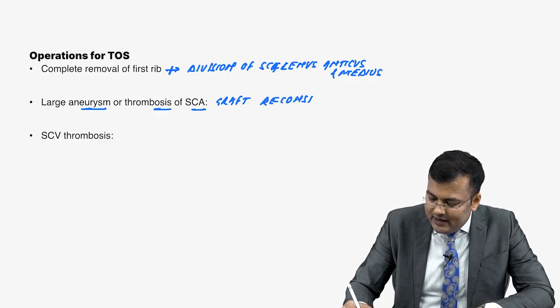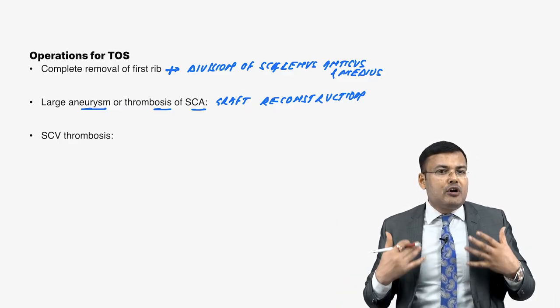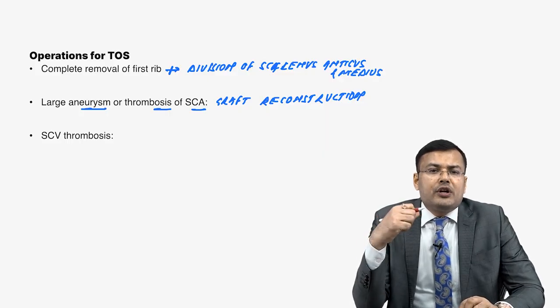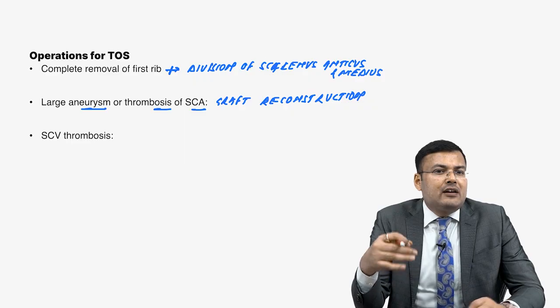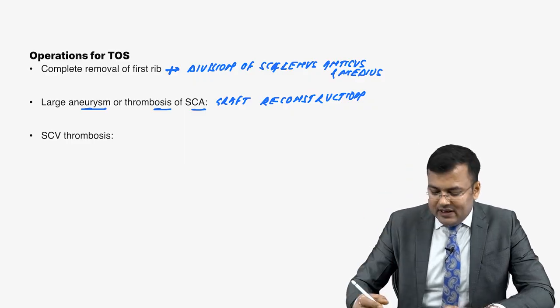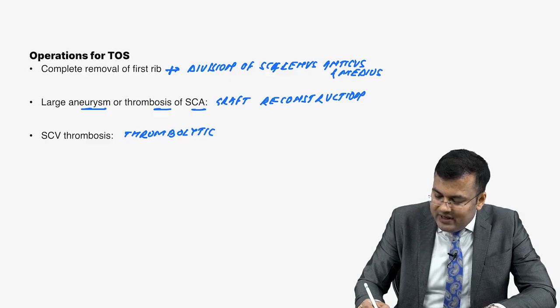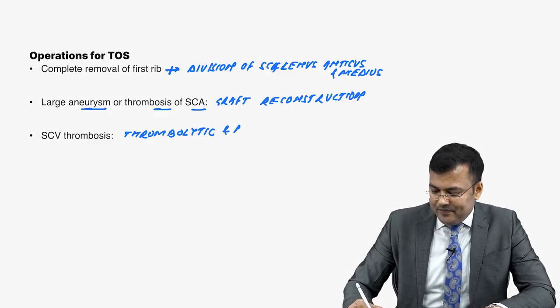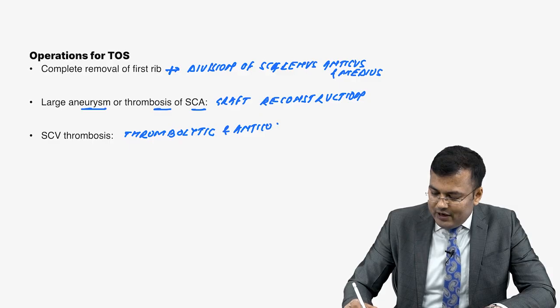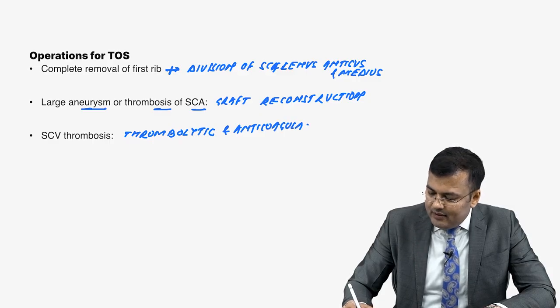And if the patient has subclavian vein thrombosis, since there is thrombosis, first stop the thrombotic process. So we have to start thrombolytic and anticoagulant therapy. So first thrombolytic and anticoagulant therapy, clear?